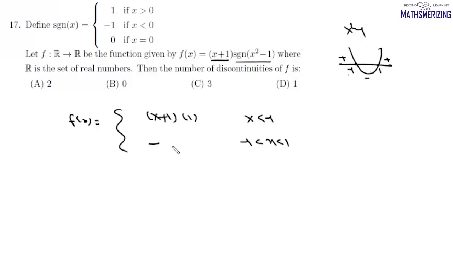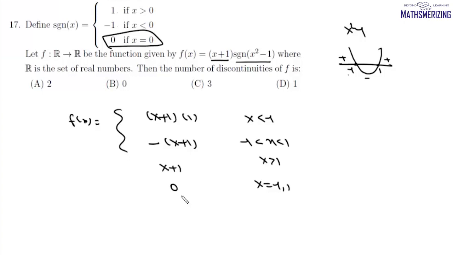So we can write this as minus (x plus 1), and when x is greater than 1, the signum function is again 1, so this value will be x plus 1. Now at minus 1 and 1, the value of this function is 0, so the signum function will take the value 0. So here this function will have this value 0.